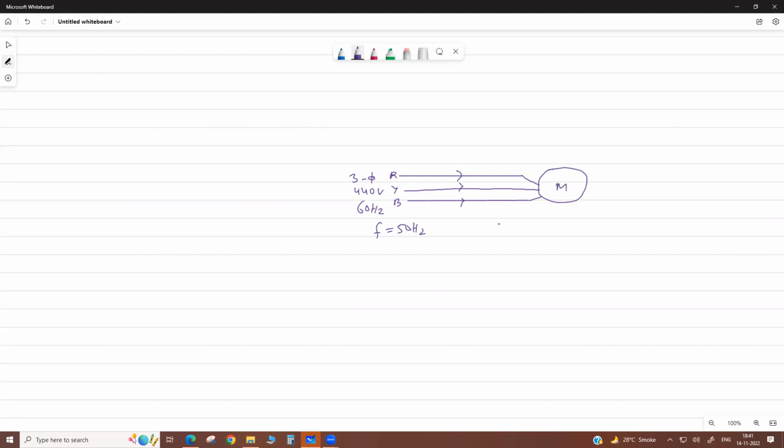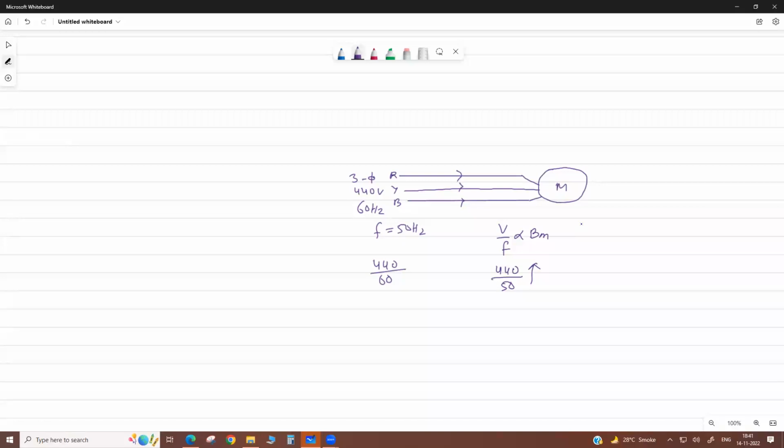Actually, we know V by F. That is nothing but it is related to your flux density in the core air gap. Okay, in the stator core, what is the flux density? It is directly proportional to your V by F ratio. So if it is 60 Hertz it should be 440 by 60, correct? But actually it is 440 by 50. It means here flux density is increased. So there is overfluxing.